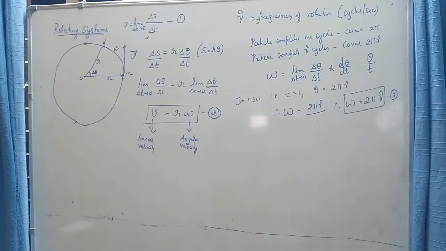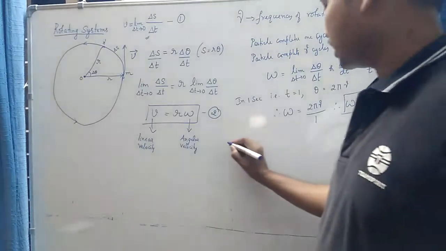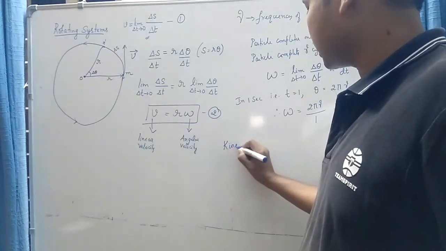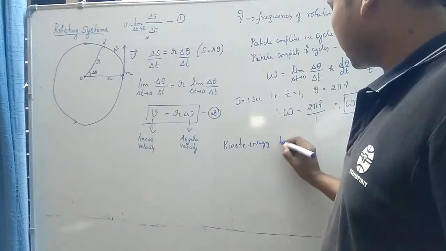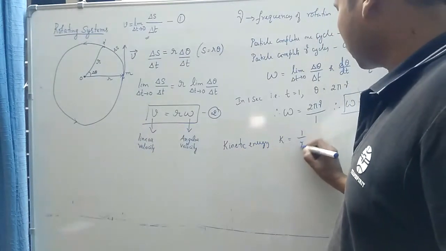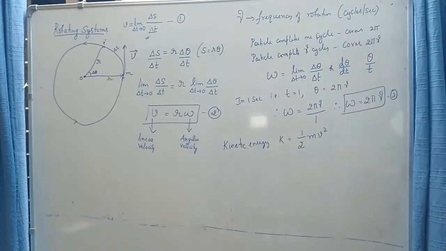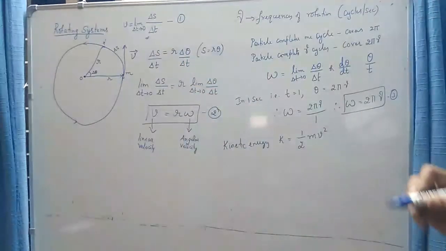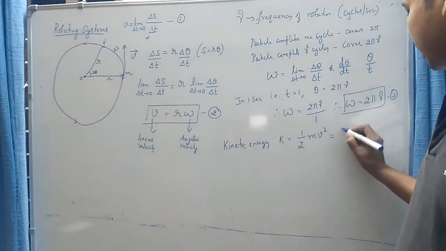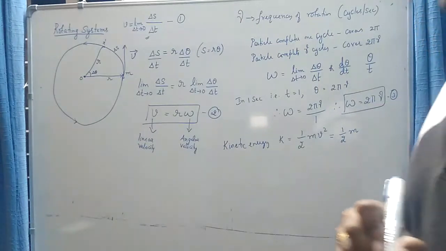Now let us calculate what would be the kinetic energy of the particle. Generally the kinetic energy is calculated using the relation K is equal to half into mv square, where m is the mass and v is the velocity of the particle, that is actually linear velocity. But as I already told you, it is better to express the velocity here in terms of angular velocity.